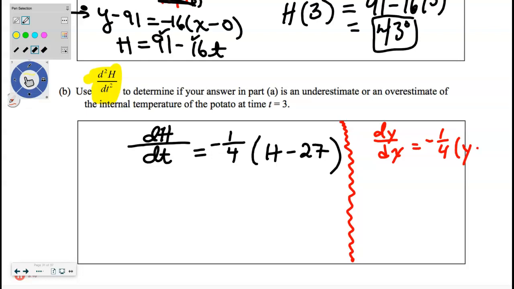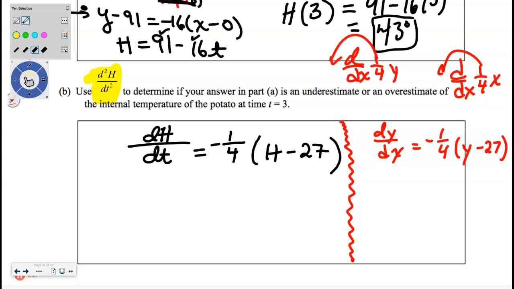All right, so y minus 27. You're used to taking the derivative with respect to x. What is the derivative with respect to x of 1/4 x? It's 1/4. It's actually 1/4 dx/dx. Right? What is the derivative with respect to x of 1/4 y?